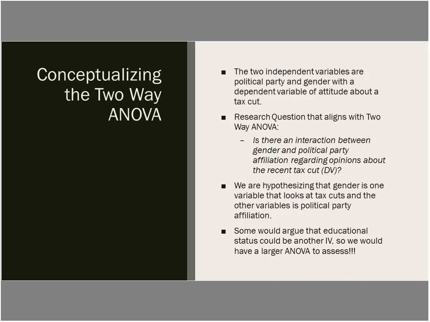Some would argue you could extend the analysis, and the student did for their master's paper, and they argued that educational status could be another independent variable. That means you have a bigger ANOVA to assess. I remember telling the student that maybe gender may not be a big factor.